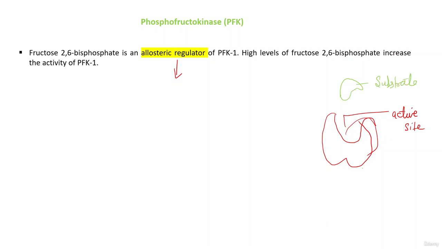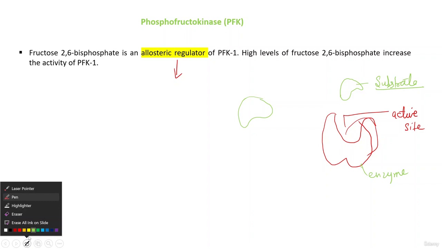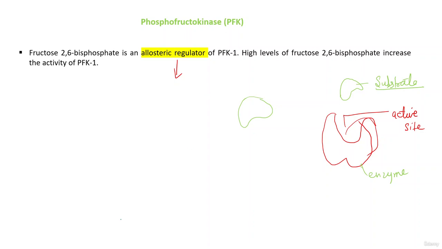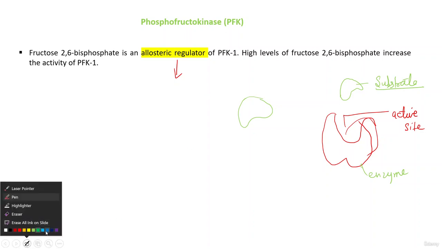So this is an enzyme, active site, and substrate. So what are allosteric activators? Allosteric regulators could be anything, for example insulin, or fructose 2,6 bisphosphate, which is acting as an allosteric regulator here for PFK-1.